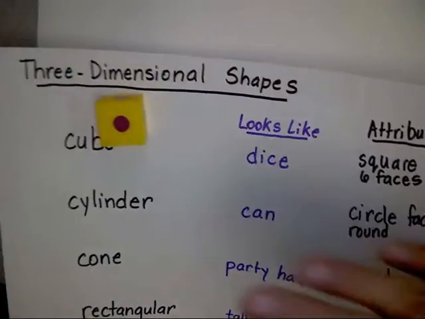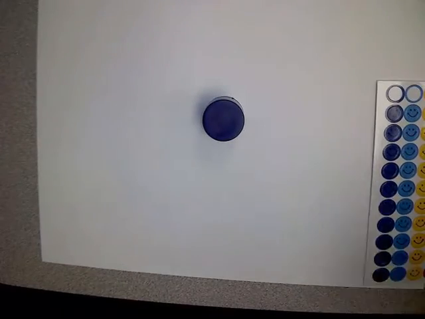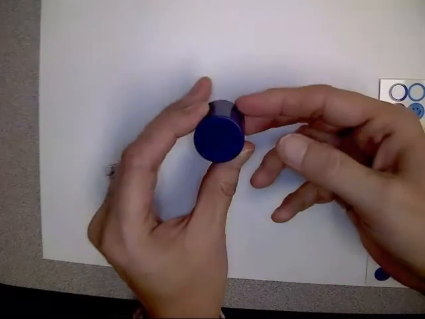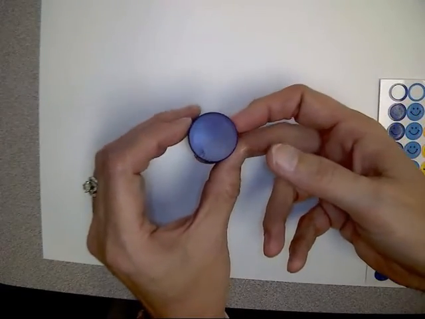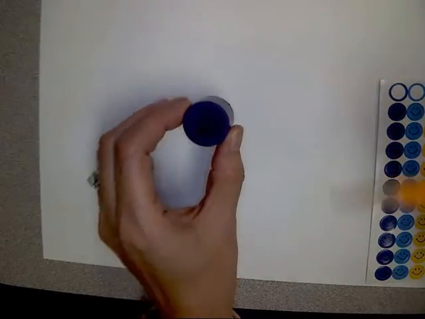Okay, now let's look at our next shape. We have a cylinder. We know the cylinder kind of looks like a can, doesn't it? So, what shape does this cylinder have? One thing we can do is trace it.